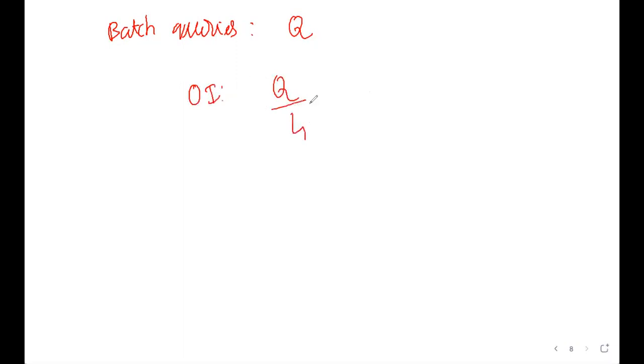Earlier it was 1 over 4, now it is Q times 1 over 4, because we are batching Q queries per second. So now we can keep increasing Q to get a very good operational intensity, so that we can get the peak bandwidth.